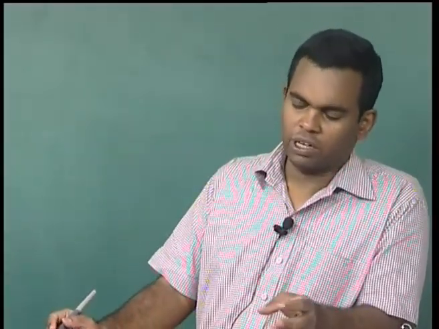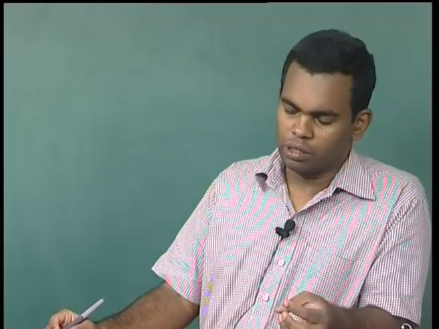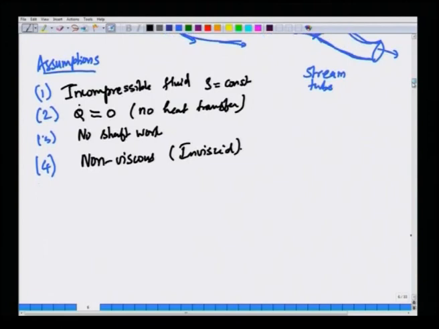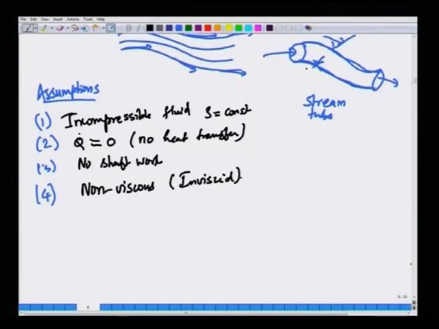So, by making these specific assumptions that flow is incompressible and there is no heat transfer, there is no shaft work, and most importantly that the fluid is non-viscous, inviscid, there is no viscosity. Okay. And we apply the energy equation to this specific control volume called a stream tube.